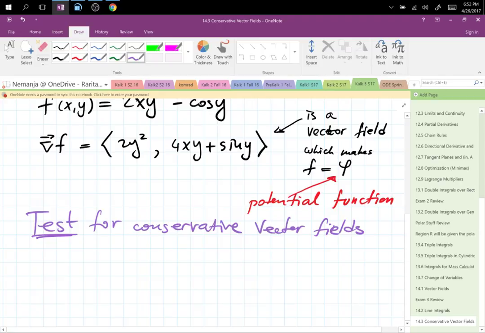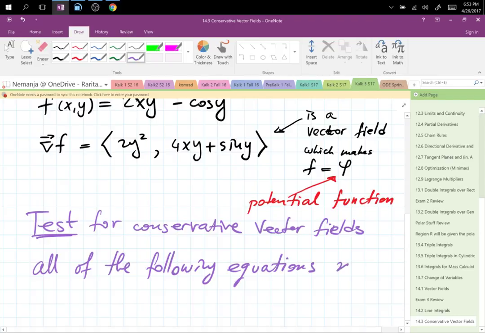The test says all of the following equations must hold.